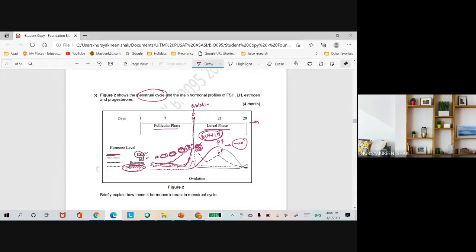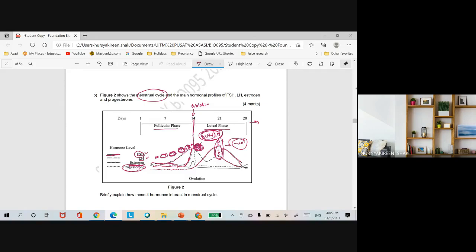Okay, so when you have a very low amount of FSH dengan LH, kan, so corpus luteum ni dah tak boleh nak di-maintain lah structure dia, tak ada hormon untuk maintain structure dia. So what happened to the corpus luteum is that dia akan degenerate, okay, dia akan musnah. So when the corpus luteum degenerate, as you can see here, okay, elok-elok estrogen dengan progesterone peak, dia akan drop balik semula. Faham?